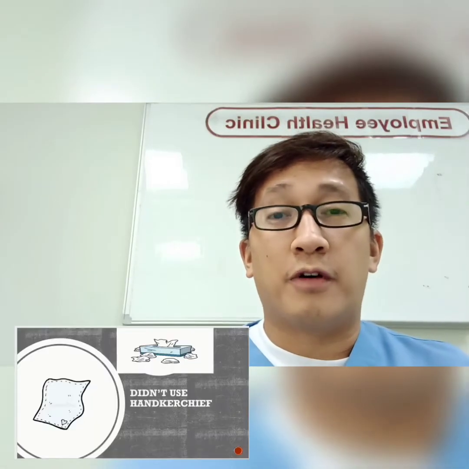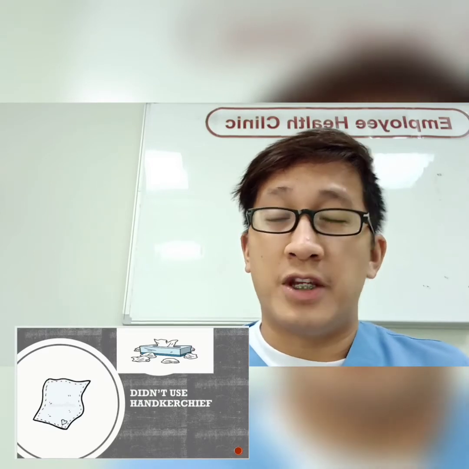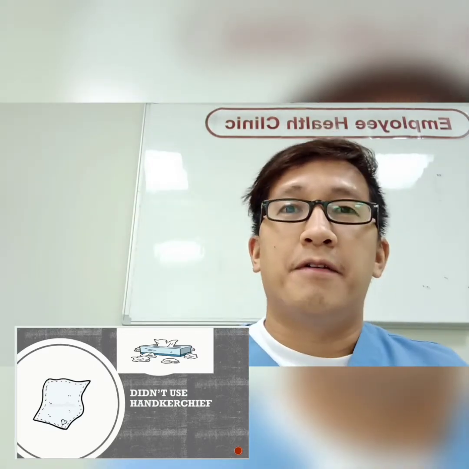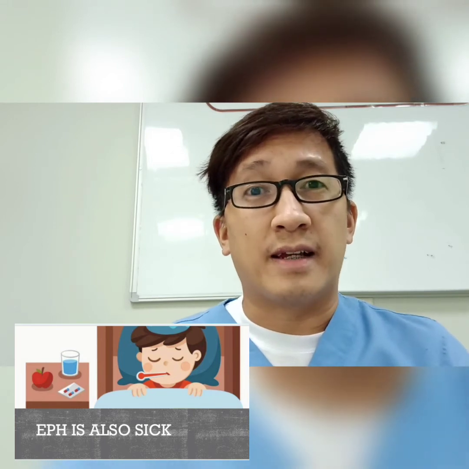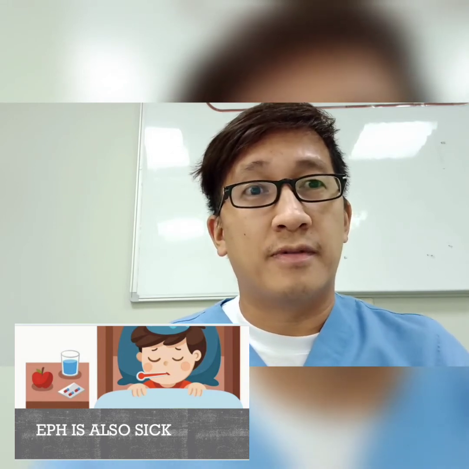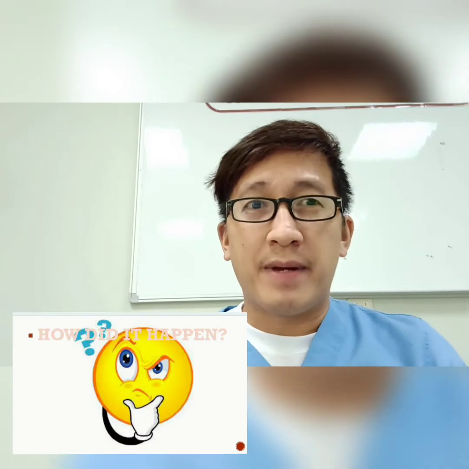He even forgot to cover his mouth and nose with a tissue or handkerchief. The two didn't mind it and they still continued to play. The next day, Ebb is always coughing and sneezing. He doesn't feel well too. How did this happen? Let's find out.